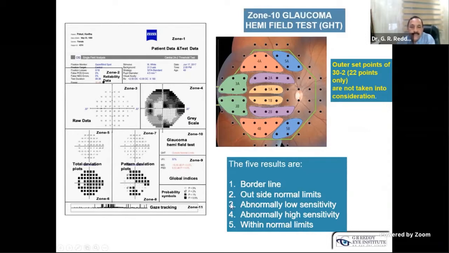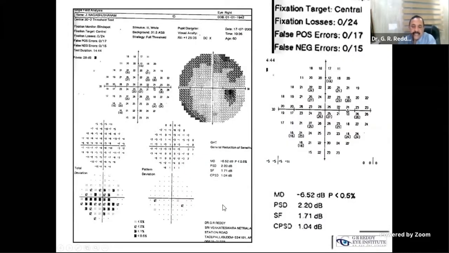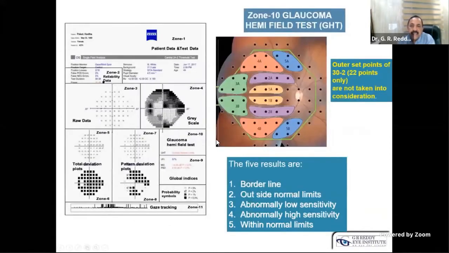So the most important thing we see is that the outer set of points of 30-2 are not considered while selecting the 7th best deviation point, not considered while calculating the visual field index, not considered in the glaucoma hemifield test, and not considered in Anderson's criteria.